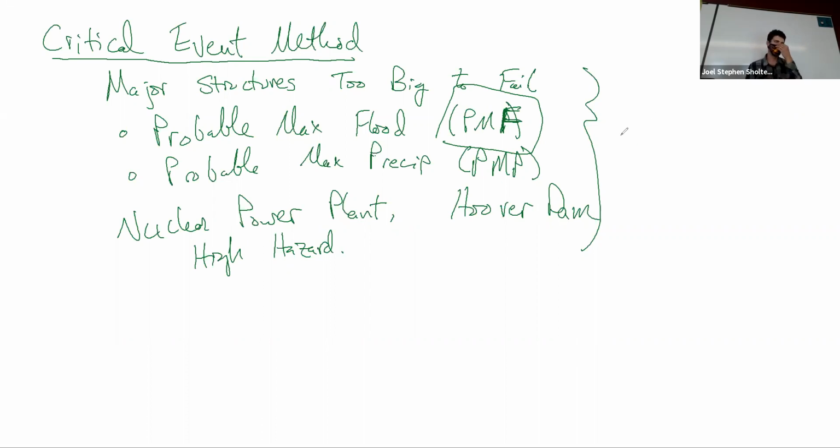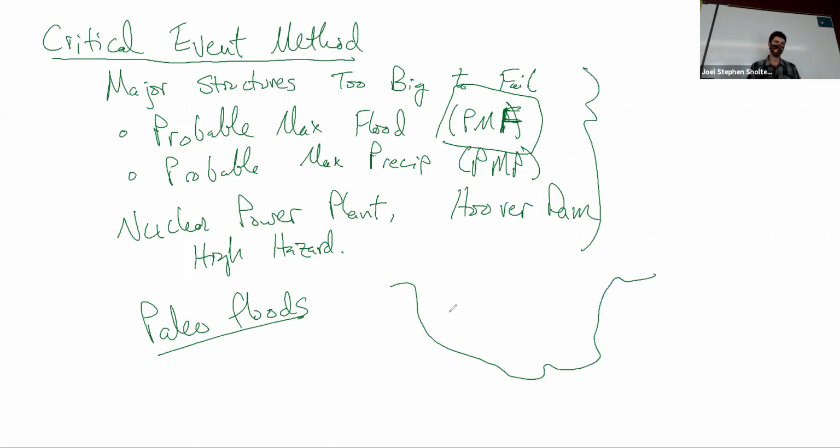Some ways people do this is they'll go back and find what are called paleo floods. You can find deposits in the canyons in Colorado and other areas. Say this is a canyon somewhere. You can find scour lines on the rock. You can find little sand deposits in a nook or cranny somewhere.